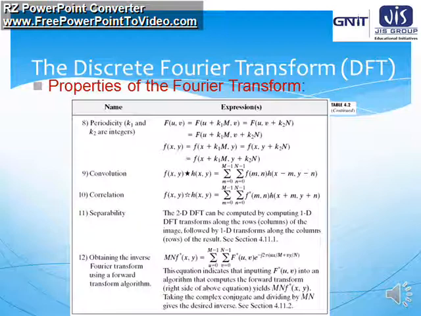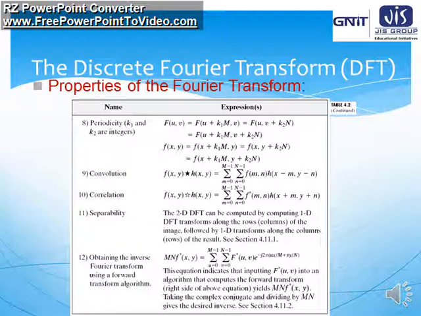So all of these properties and their expressions have been given here. Hope all these 12 properties and their expressions have been seen.